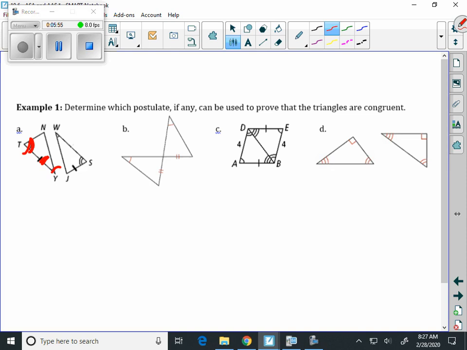In comparison, we still have one angle here and two angles there, but the side JS is not included, and because one of the sides is an included side, the other one is not an included side, these triangles are not congruent.